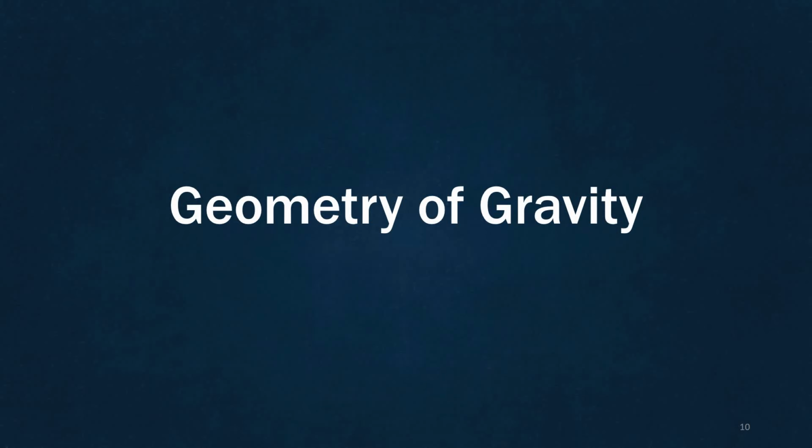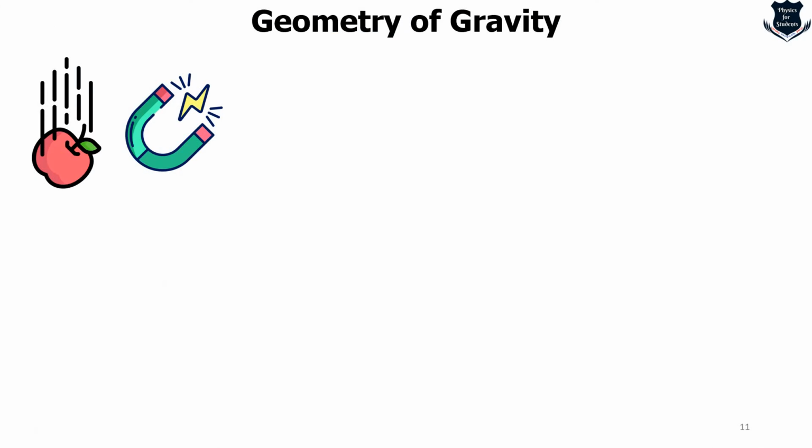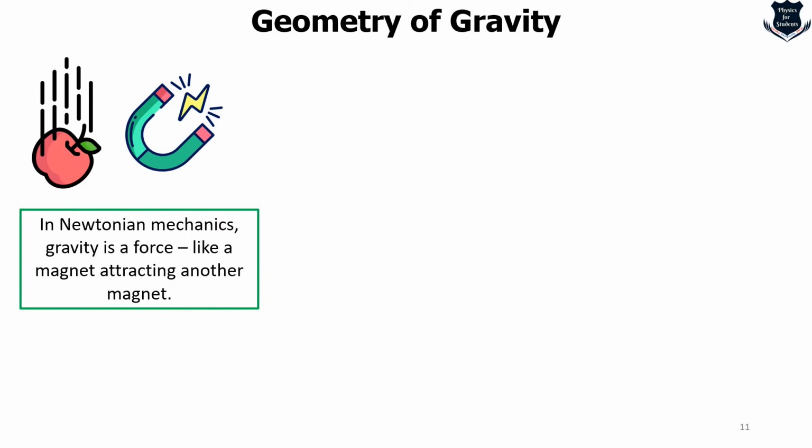Coming into the next part of the video, what is the geometry of gravity? Now, as you can understand, the falling apple or an electromagnetic force in Newtonian mechanics, these are all forces. That means they're either attracting each other or things are falling.